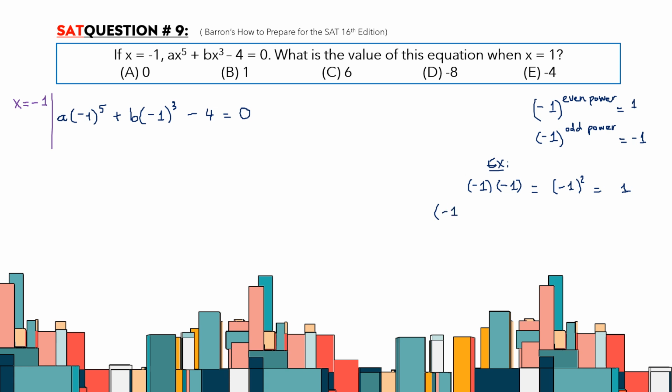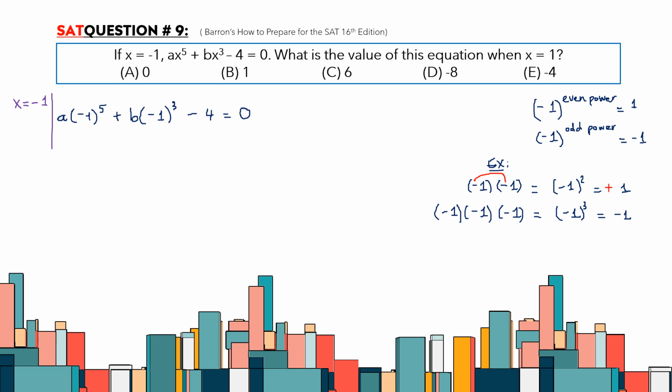If we have -1 times -1 times -1, equal -1 to the power of 3, that gives us -1. Because the product of two negative numbers is positive, this with this is a pair, so two negatives make a positive.